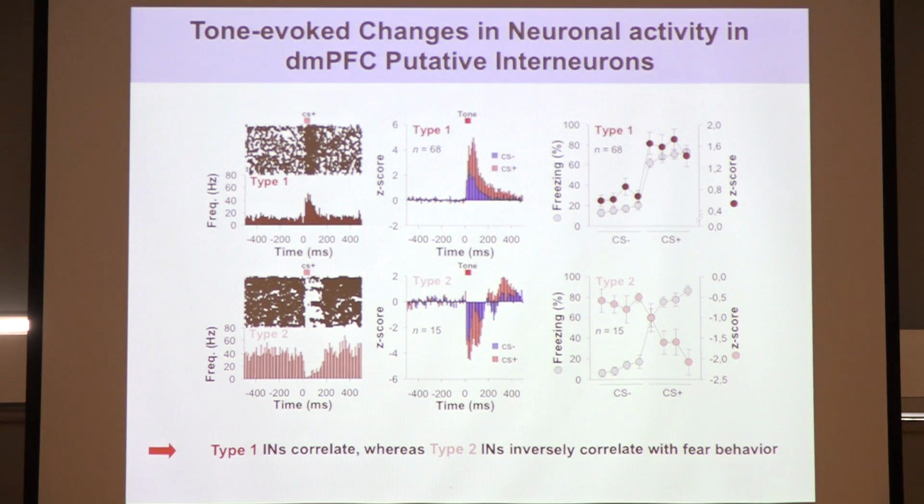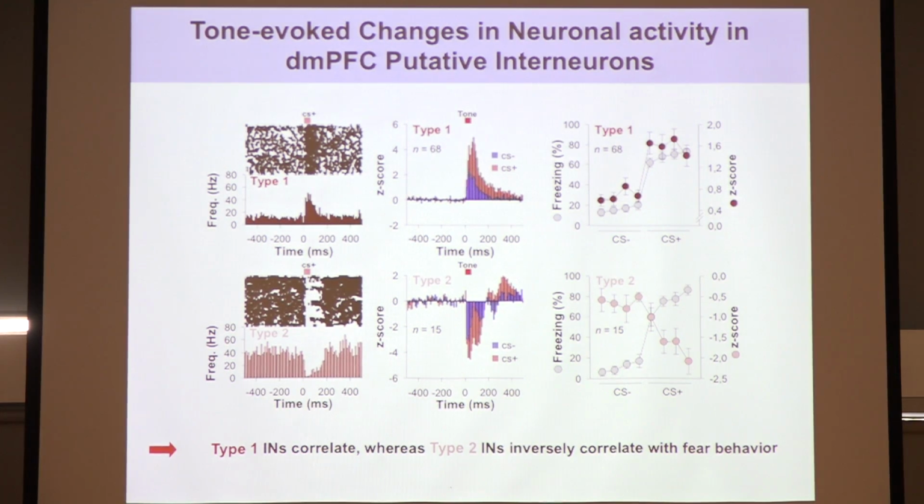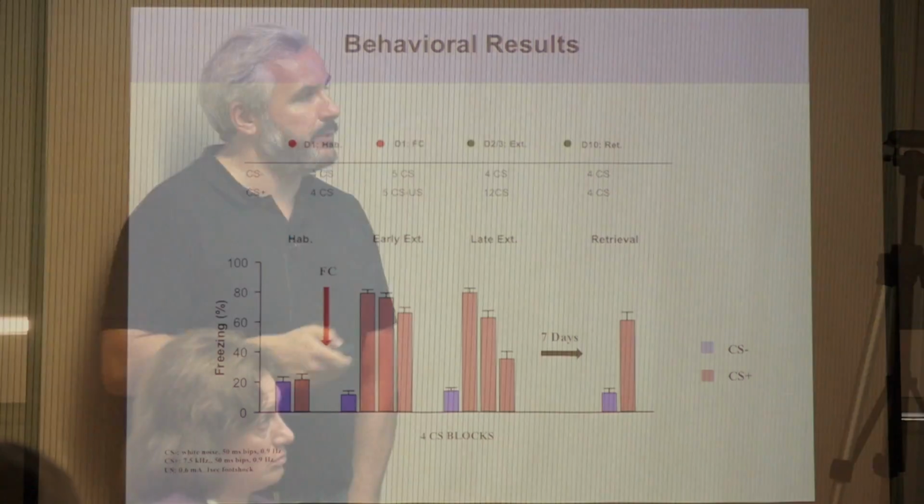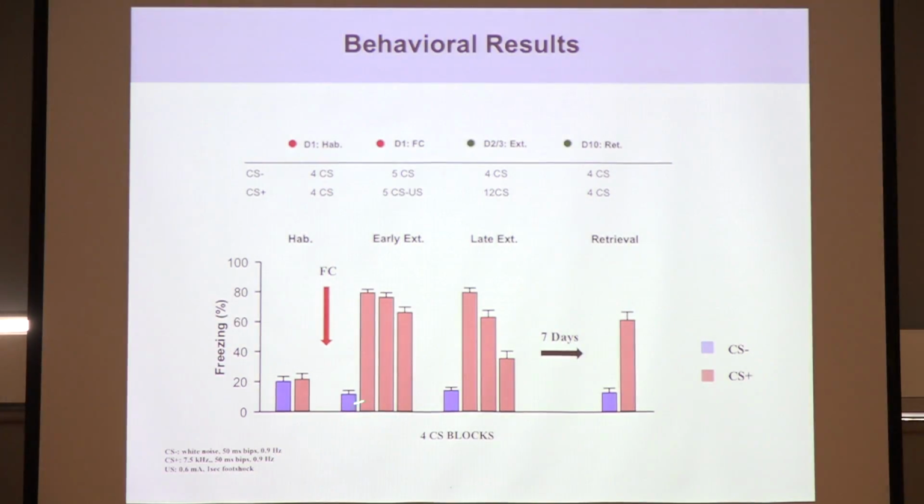Yeah. How would you comment that you have quite a robust reaction to CS minus? So as you have seen, if I go back to this, okay, this is the behavior. In fact, you see that you have some residual freezing to the CS minus. They are not at 0; they are at around 20%.